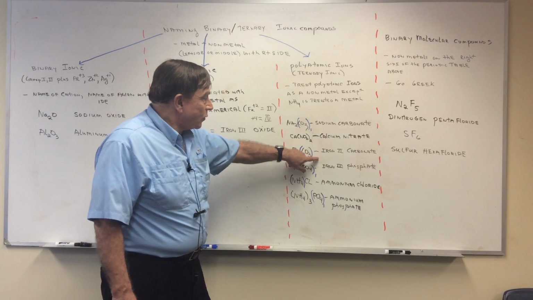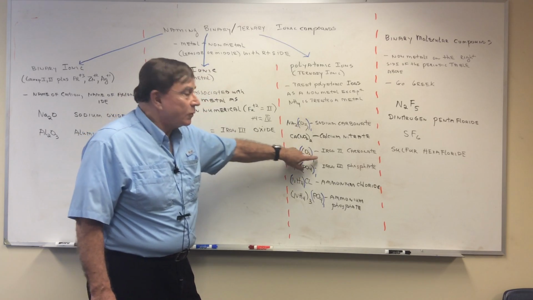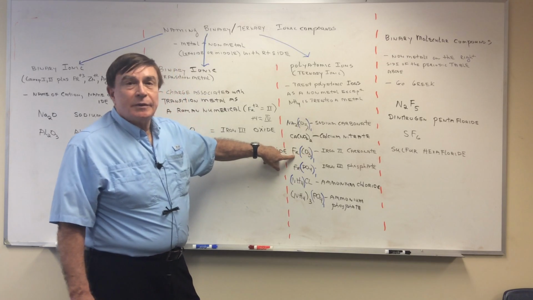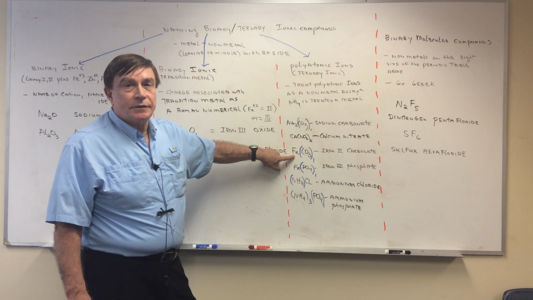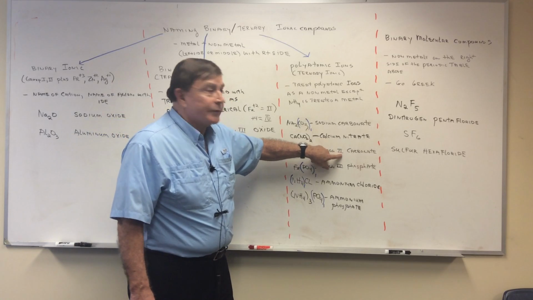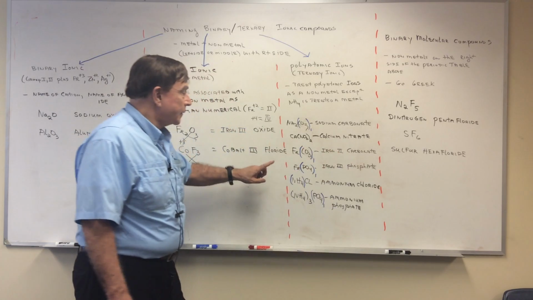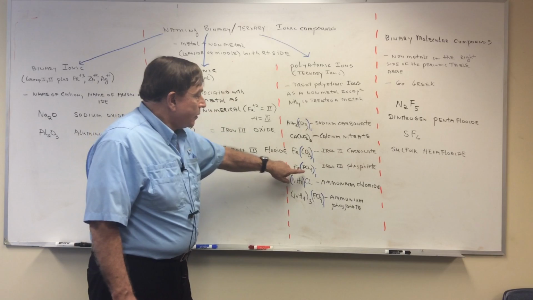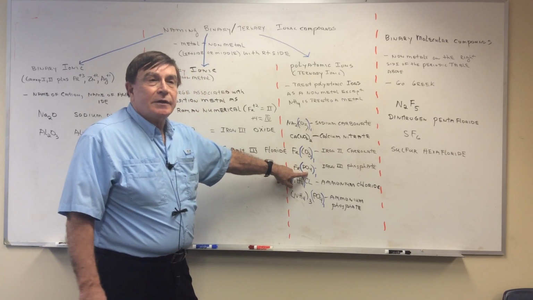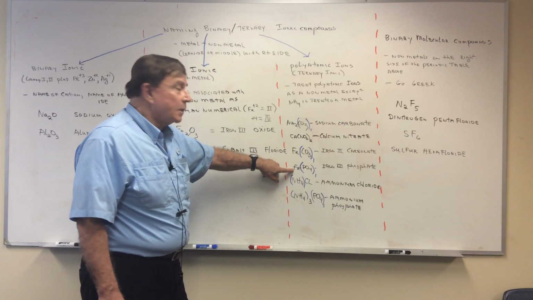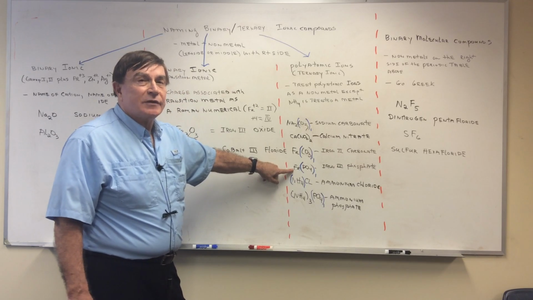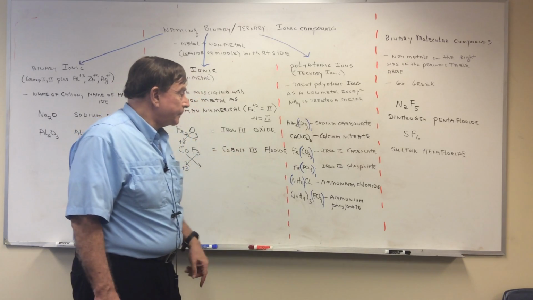So since there is no charge total on this, this has to be +2 to make it equal to 0. So that's why it's called iron 2 carbonate. Same thing for here. When you go on the table, you'll see that phosphate is a -3. Iron then therefore has to be a +3.